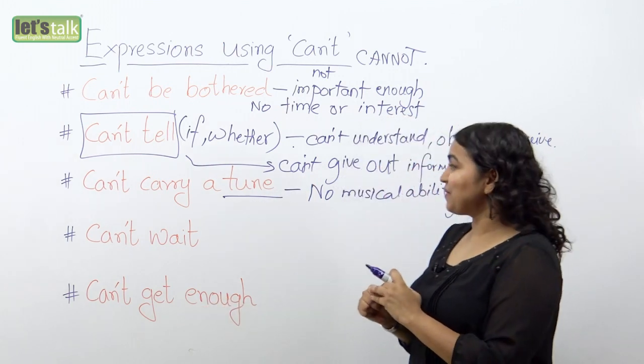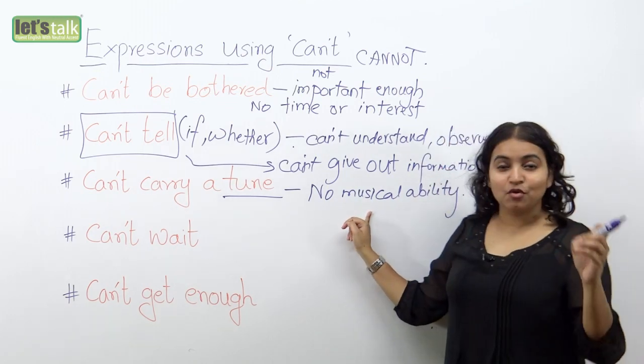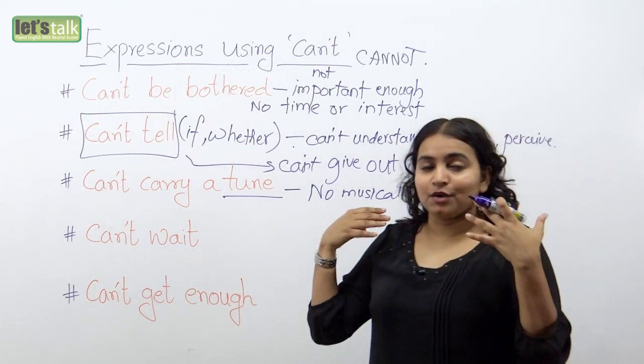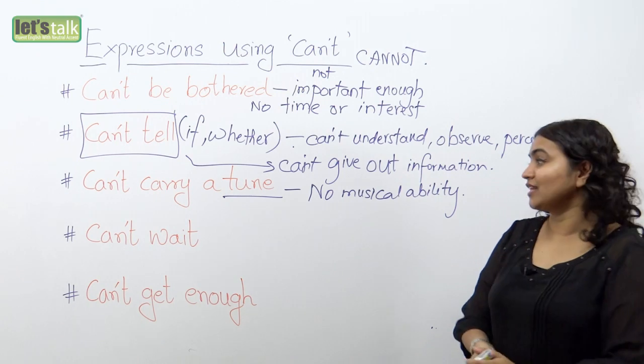Okay, so can't carry a tune is someone who has less or basically no musical ability. He can't really sing a note in its tune, he can't really sing at all. Okay, that's what it means.